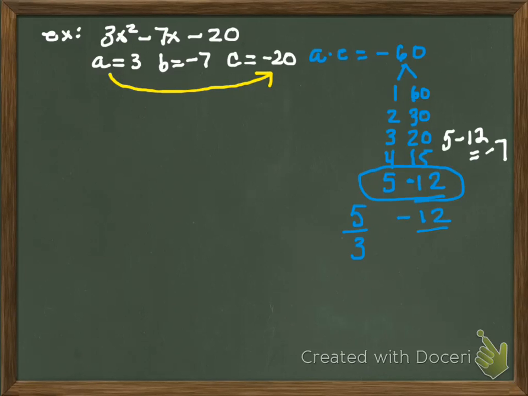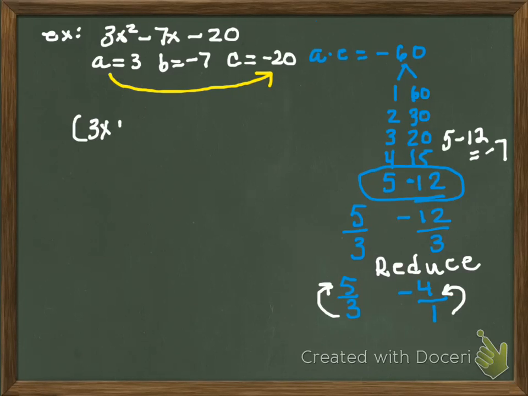Next, we write 5 and negative 12 over the leading coefficient a, which in our case is 3. Then we reduce. That results in 5 over 3 and negative 4 over 1. So our two binomials are going to be 3x plus 5 times x minus 4.